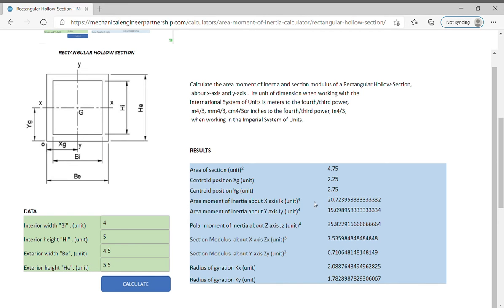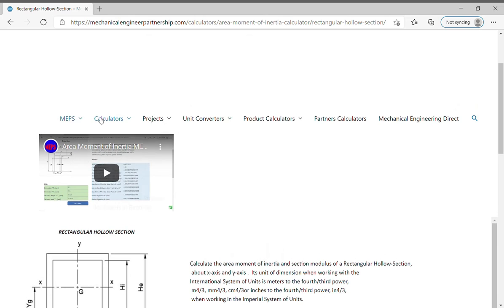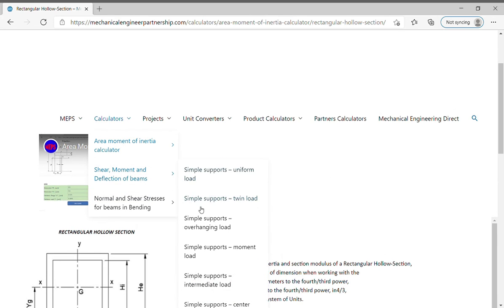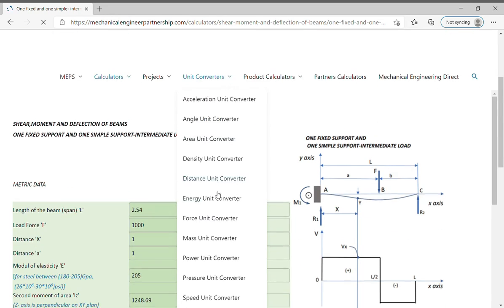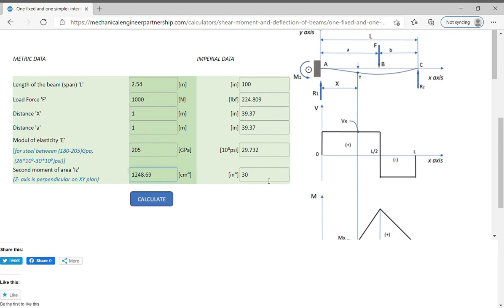Calculate. Choose the area moment of inertia about the x-axis, in this specific case. Copy the value and return to the one fixed support and one simple support intermediate load, shear moment, and deflection of beam calculator, and paste the value of area moment of inertia in the second moment of area cell.